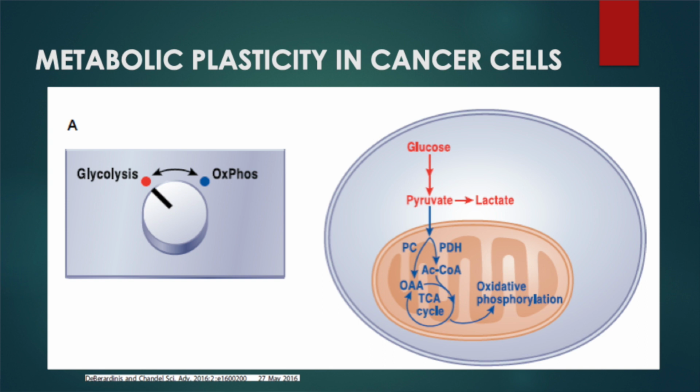There are different ways in which the pathways are targeted by different molecules. What we have to remember is that during the glycolytic pathway, different macromolecules are synthesized from the intermediates of glycolysis, and that is what you see in this cartoon. Within the mitochondria, mitochondrial oxidative phosphorylation takes place.